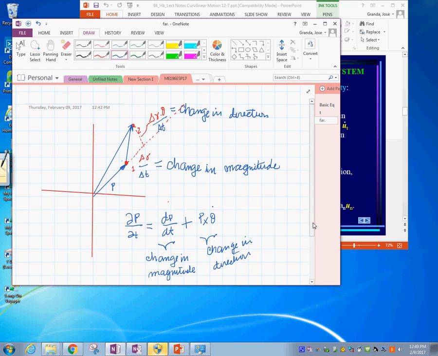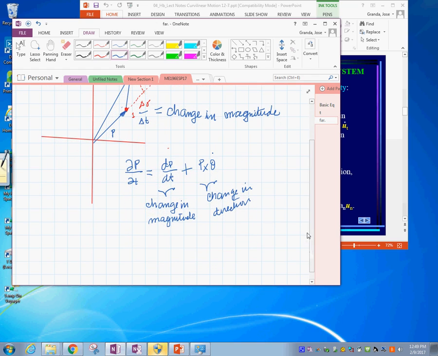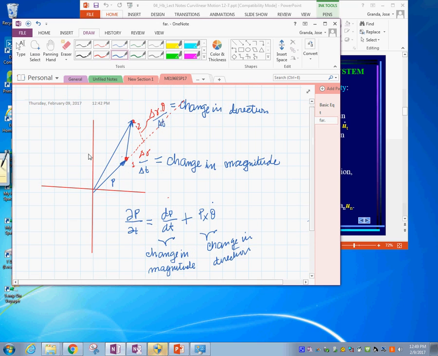Okay, so this is what I want to show you, where those terms come from. And this is p cross theta dot. Where does that come from? This change that you see in here is perpendicular to the original path.